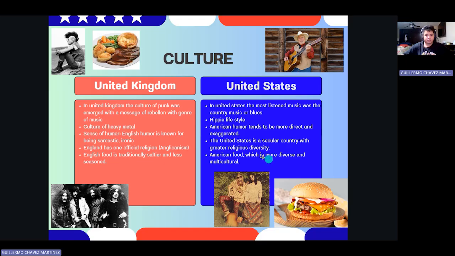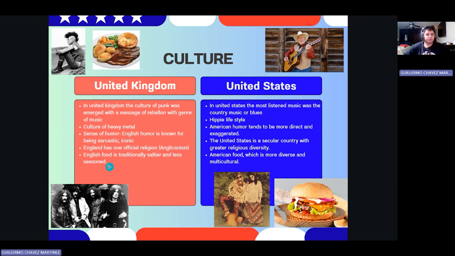In the United States, it's a secular country that has very diverse religions, so everybody can choose their own religion. Obviously, in the United Kingdom they are also open-minded, but the most used is Anglicanism.